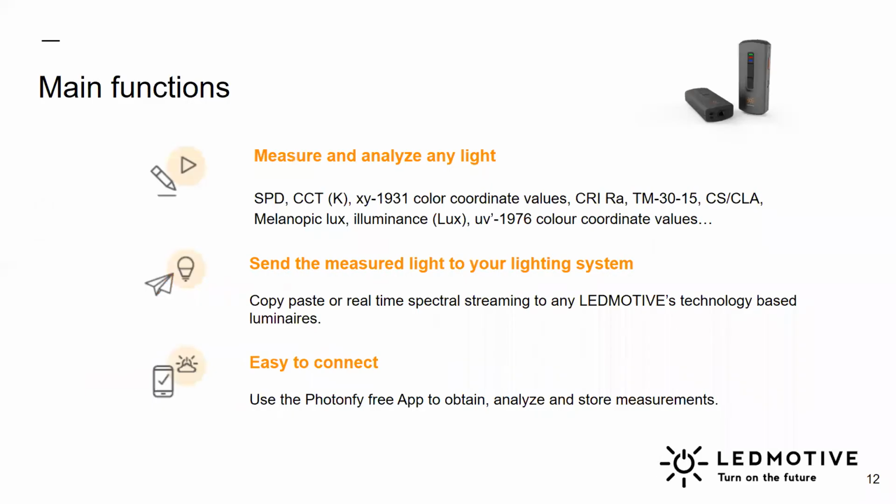Its main functions are to measure and analyze any light, from visually seeing the spectral power distribution to checking the CCT or color coordinates, the quality through CRI, TM-30-15, or other quality indicators, the melanopic lux or CS, and more. And finally, to store and send the spectra to your lighting system in a very easy way, always through your smartphone.